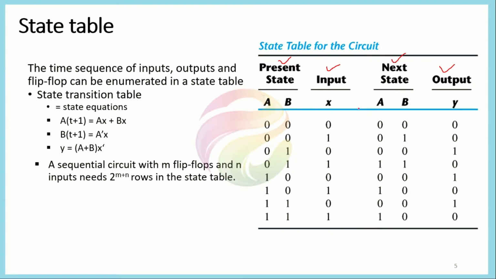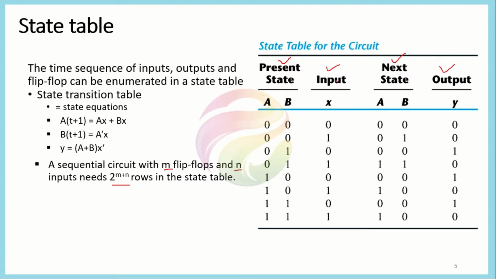And because there is a separate input x here, and x could also have a value of either 0 or 1, if we combine them all, we have basically a 3 input system here. So we would have a total of 8 combinations here. Generally in a sequential circuit having m flip-flops and n inputs, in a state transition table we would have 2 to the power m plus n rows.